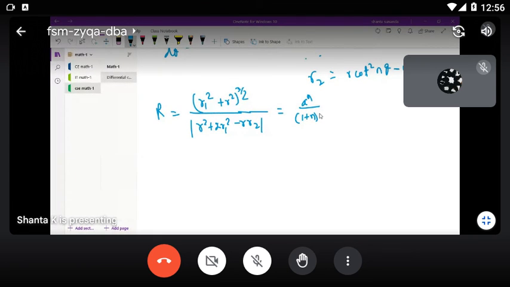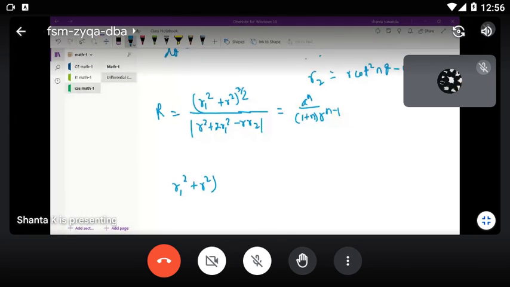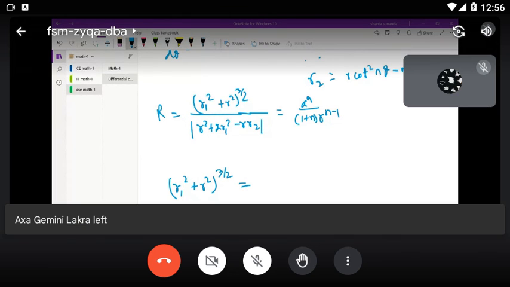One plus n into r power n minus 1. Okay. So if you want, I am also giving you this value. This value will be r cube cosec cube n theta.